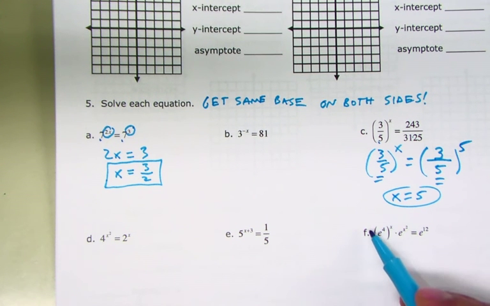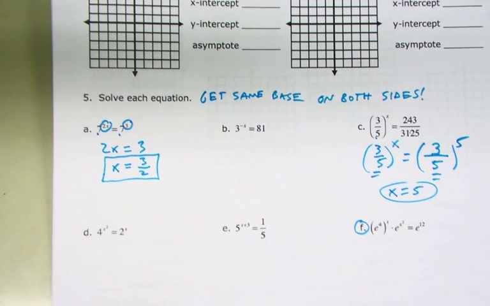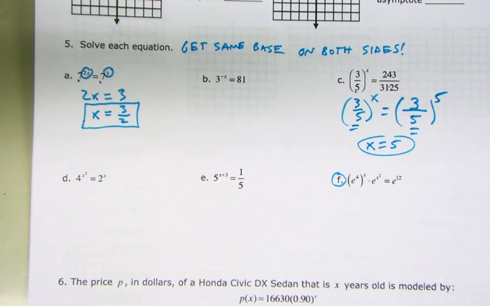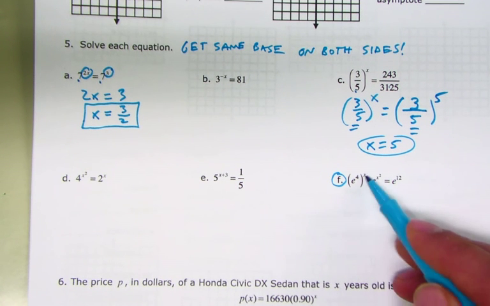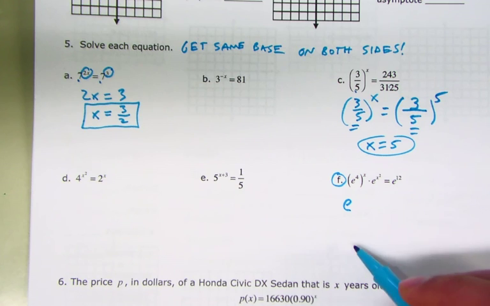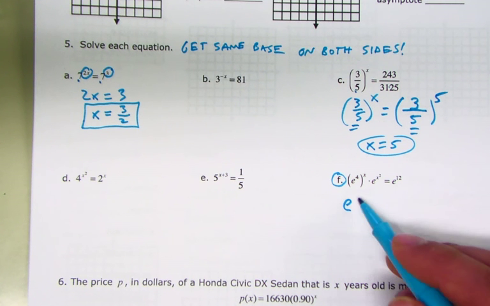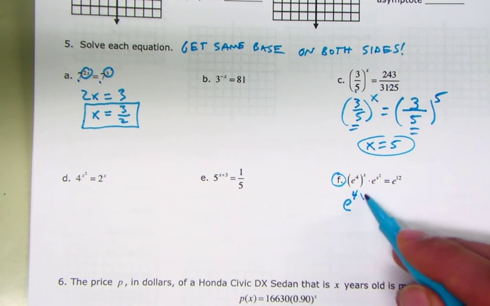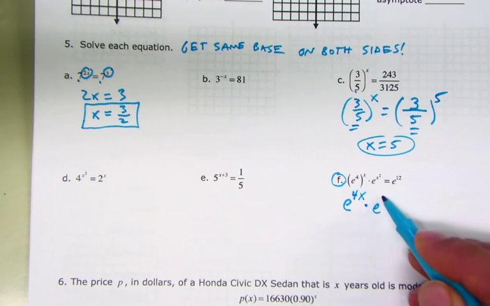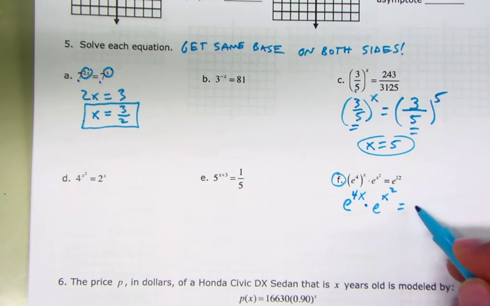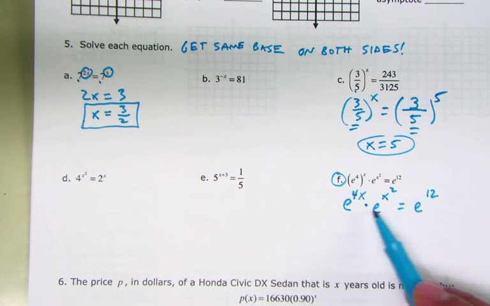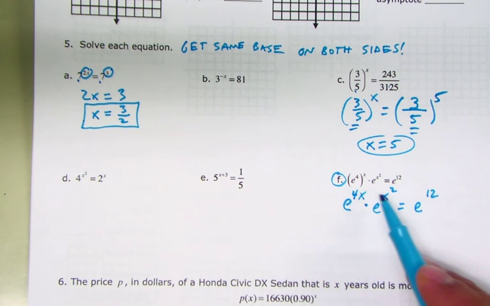Let's try this seemingly hard one. How do I simplify this? e to the 4x times e to the x squared equals e to the 12. Now, when you're multiplying, what happens with the exponents?